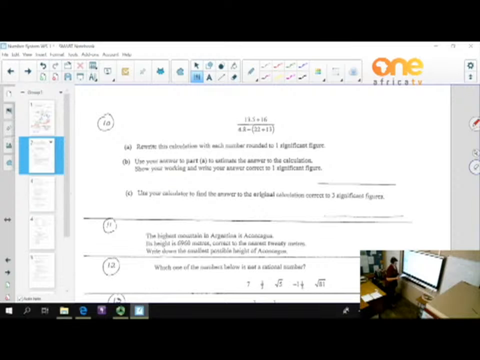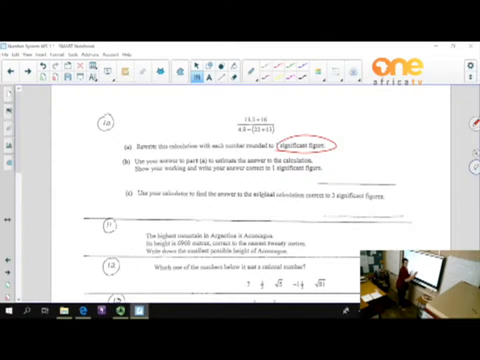Right, page 2. Rewrite this calculation with each number rounded to one significant figure. So we must first change these numbers to one significant figure, each of them.